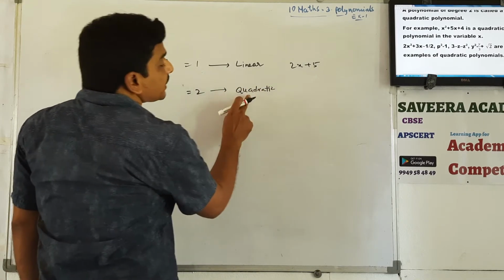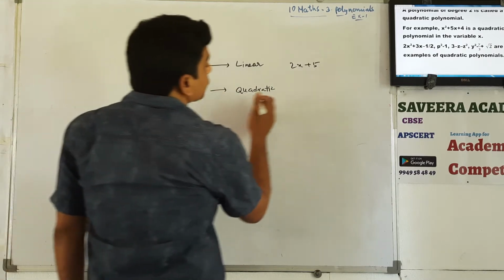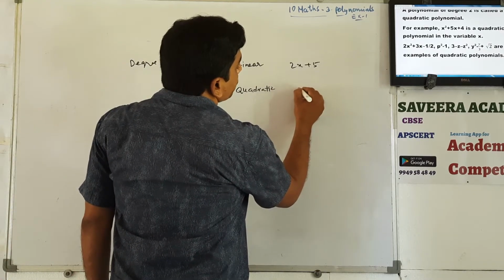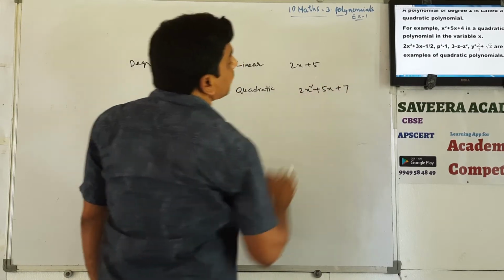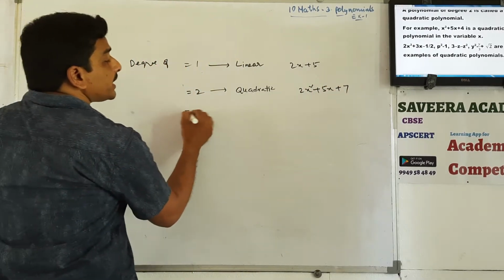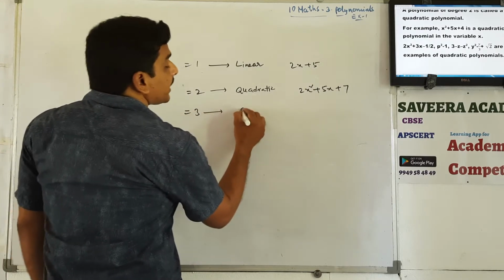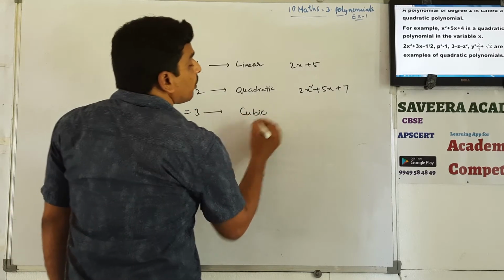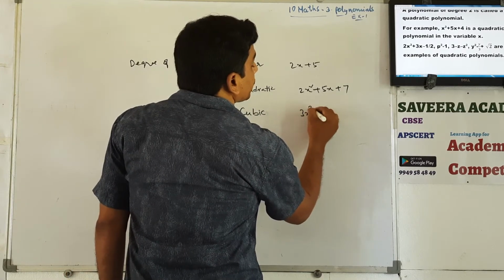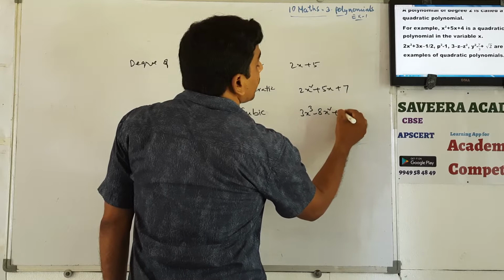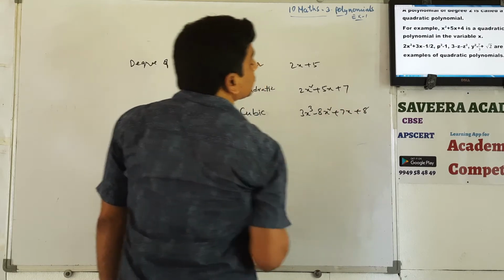In this chapter we shall discuss these quadratic polynomials. Suppose 2x square plus 5x plus 7. Next, if degree is equal to 3, that is called a cubic polynomial. Suppose 3x cube minus 8x square plus 7x plus 8.